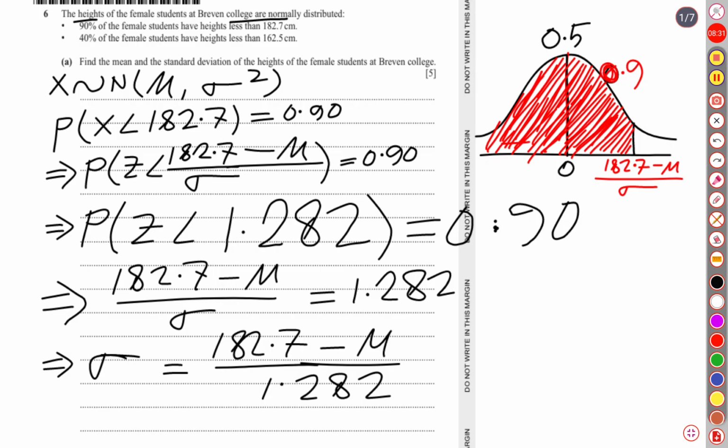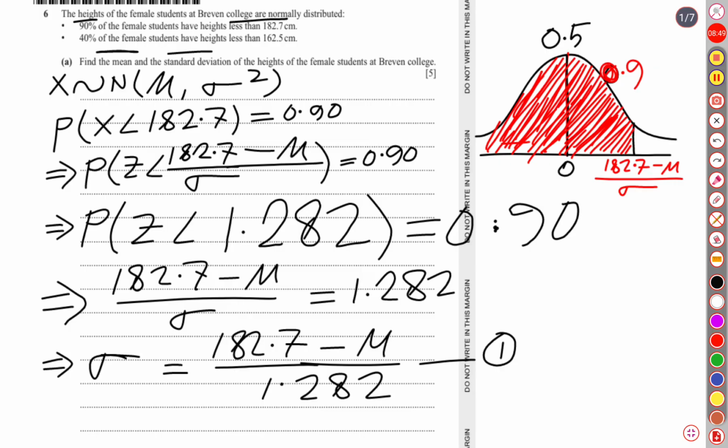We may leave this as equation number 1, because we should not forget that we are going to find two values simultaneously, the mean as well as the standard deviation. As there are two values missing, we'll have to form two equations and solve them simultaneously.